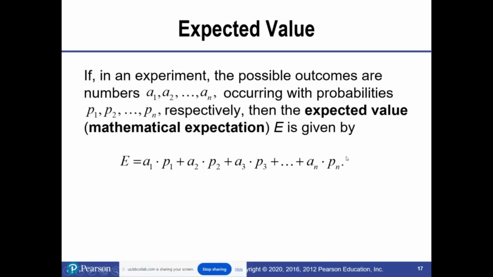Now, that looks a lot more complicated than it actually is. So let's look at an example. And if you want to come back to the slide to write down the formula to make sure you understand what it means, you can. But I think once you see it, you'll be fine.